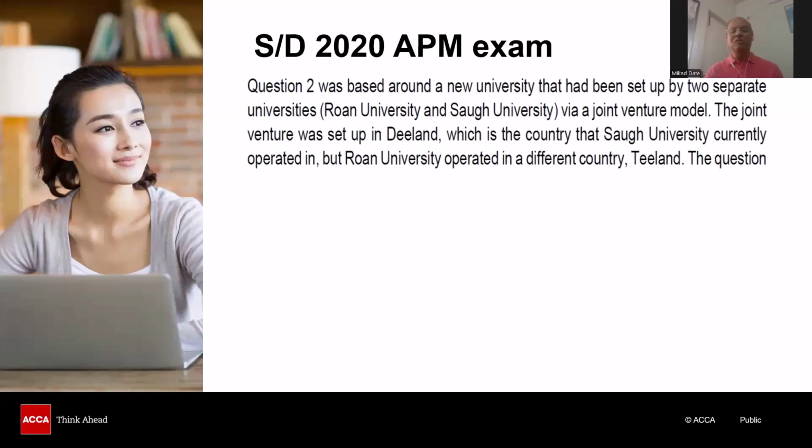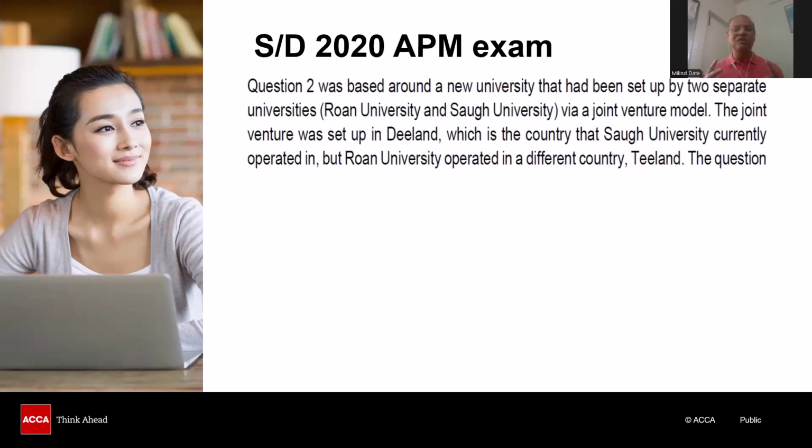I'm picking up one question which goes like this. Of course, I have summarized some information for the sake of convenience and understanding from the given exhibits. Question 2 was based around a new university that had been set up by two separate universities via a joint venture model. Now, this is specifically telling you what type of complex business structure it is.